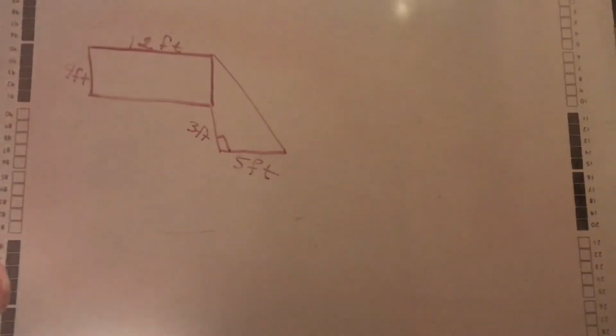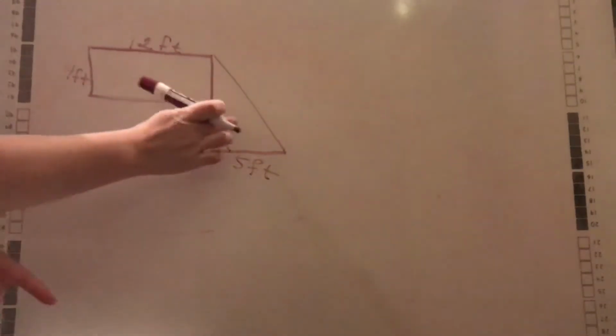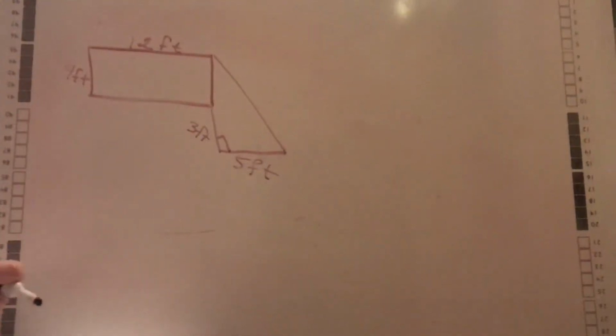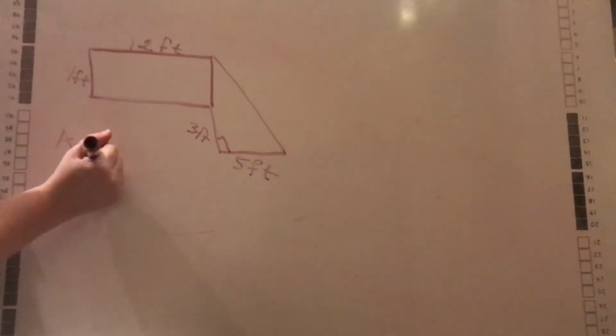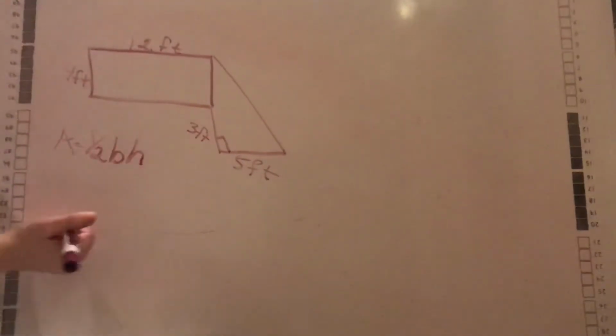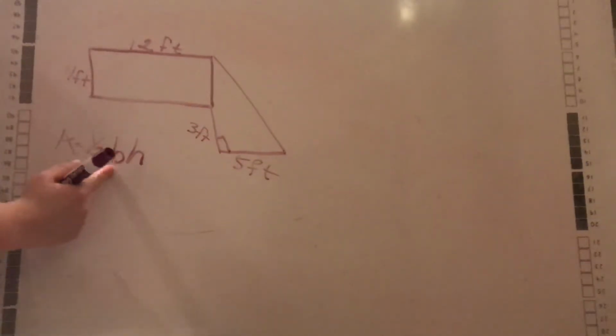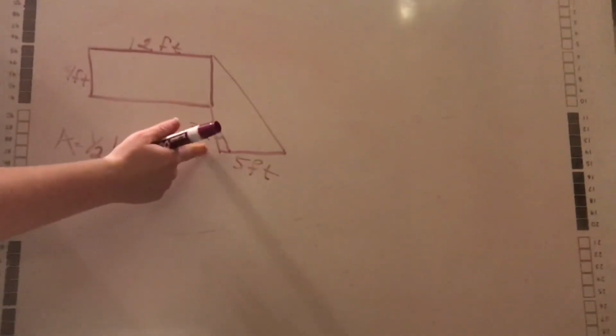Okay, so if you don't have this on your formula card, you need to put down the area of a triangle, because the area of a triangle is 1/2 base times height. So 1/2 base times height is the area of the triangle.